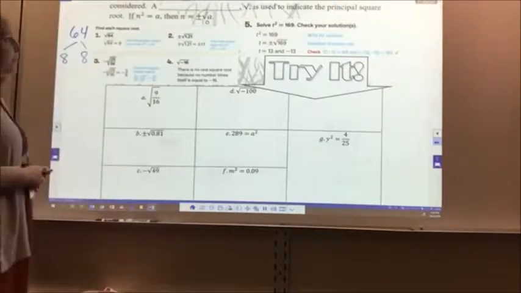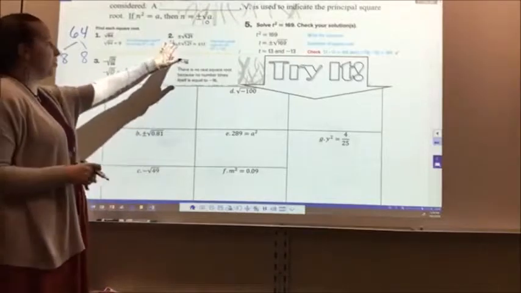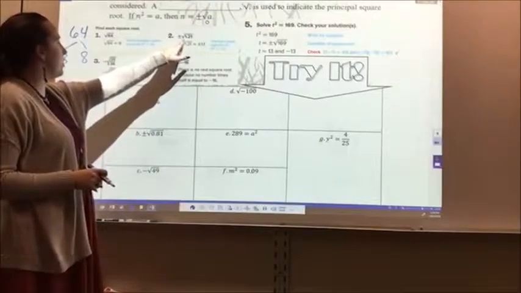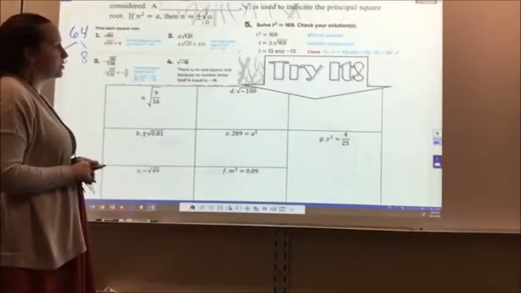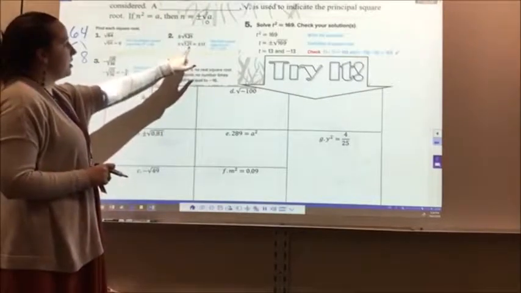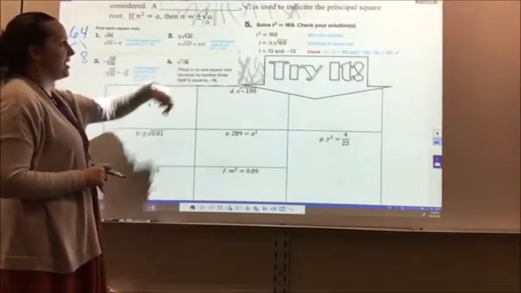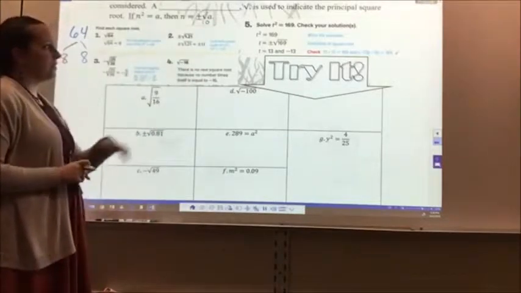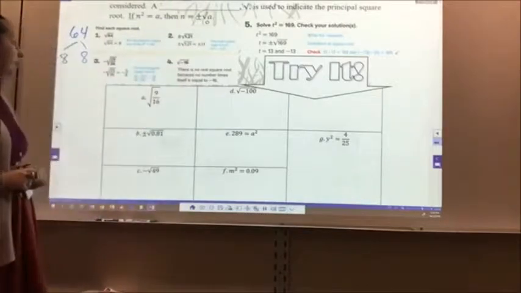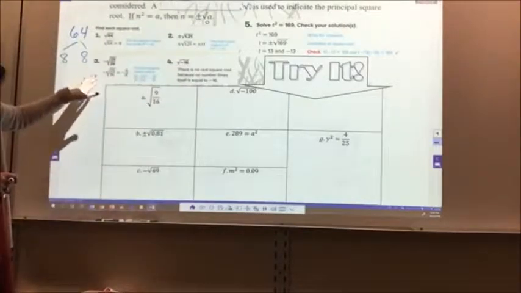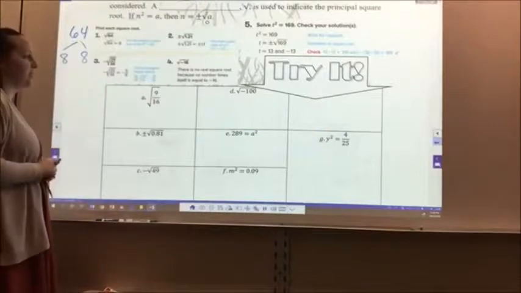Okay? For number 2, I have plus or minus the square root of 1.21. I need to find the square root of 1.21, so I can put that in my calculator. When I do that, I get plus or minus 1.1. For number 3, it says negative square root of 25/36.